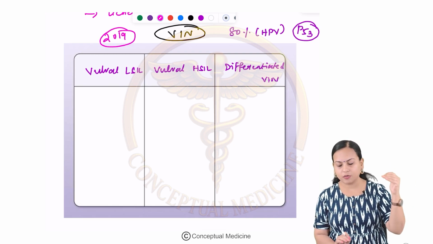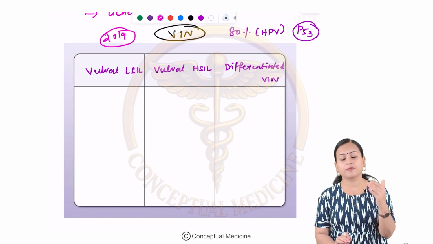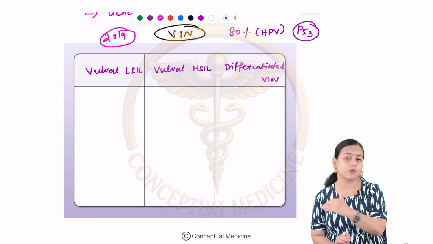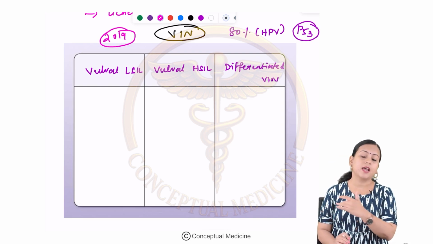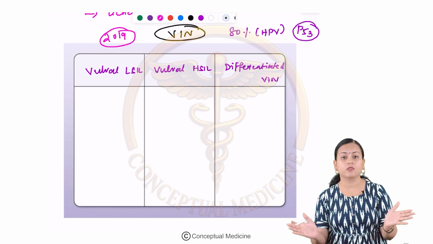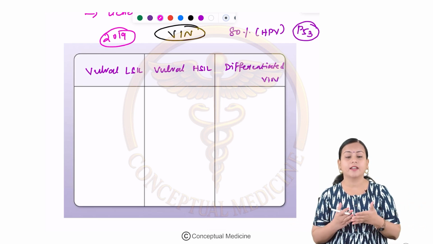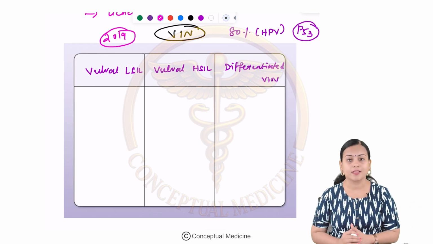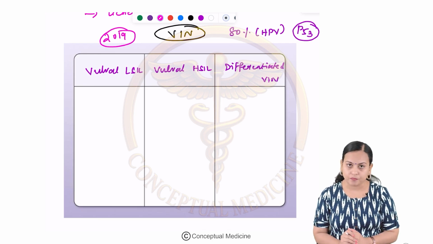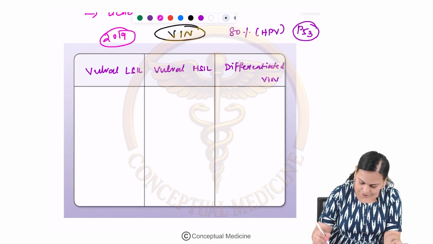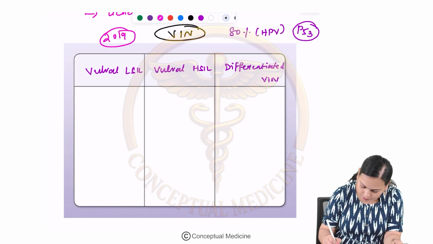Then it will become high grade, then differentiated, and once it breaches the basement membrane and has the capacity to invade and metastasize to other parts, it will be carcinoma. Clear?